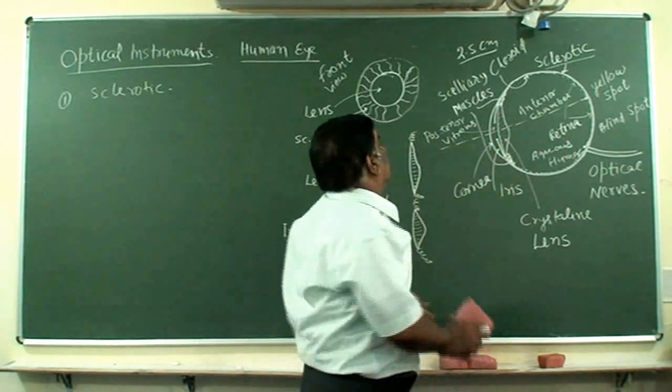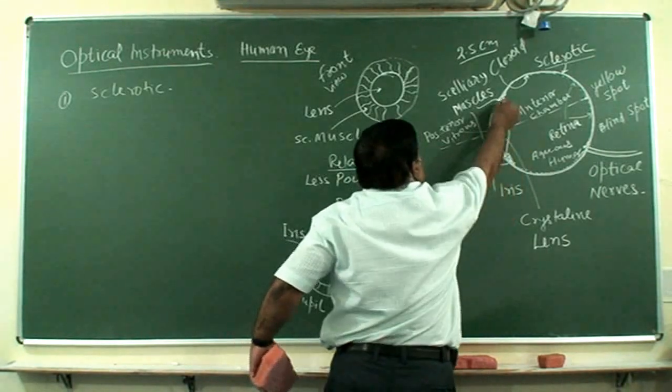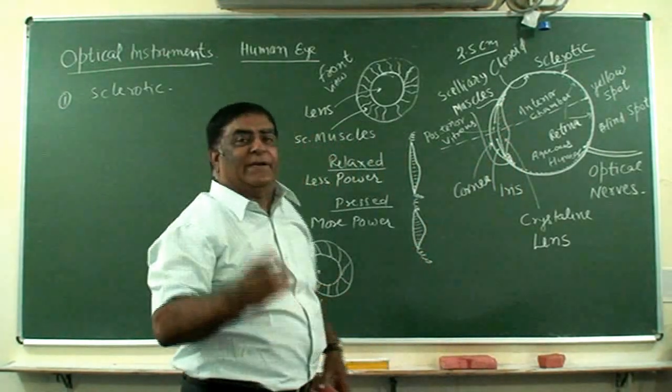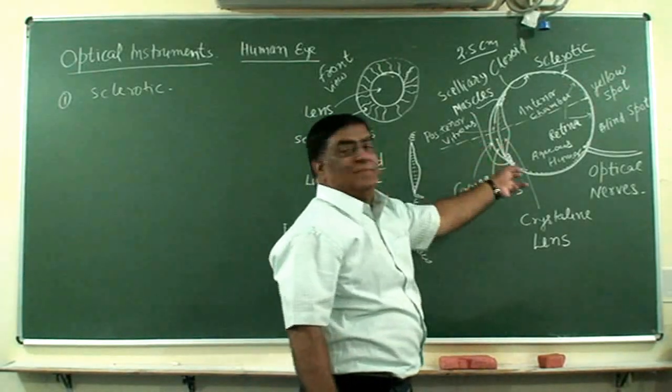First, let's see here. This portion of the ball, the front portion, is totally transparent, and we call it the cornea.